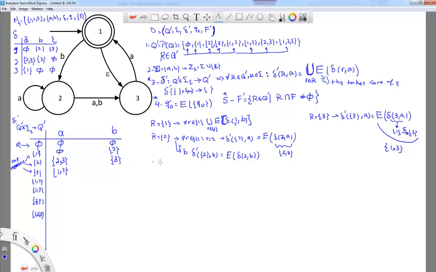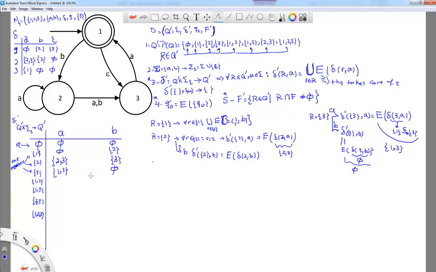What's going to happen with B? If this state is set 3, the delta prime of set 3 and B is going to be equal to E of delta of 3 and B. Now this is empty, so the whole thing is going to be empty.